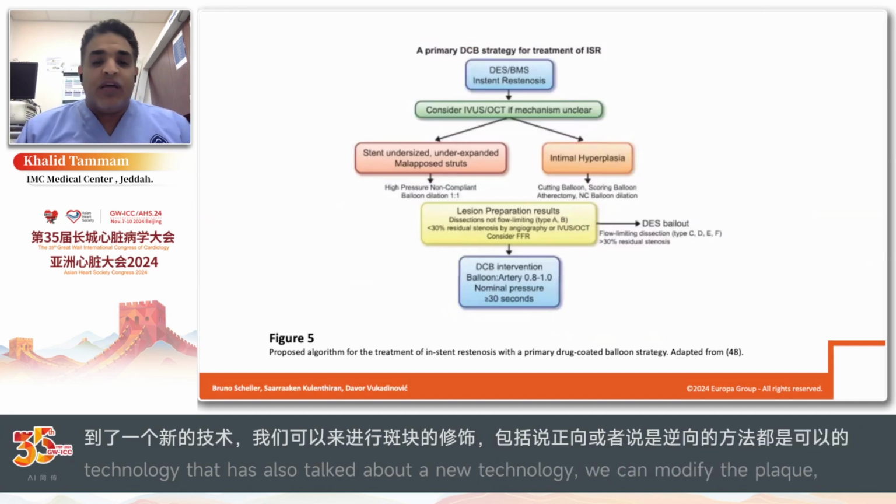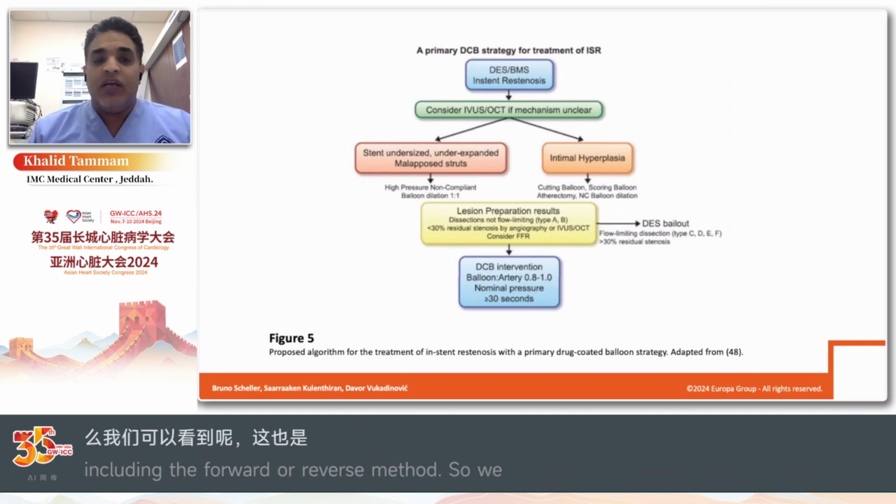This scale has been mentioned in EuroIntervention for the in-stent restenosis strategy for DCB.